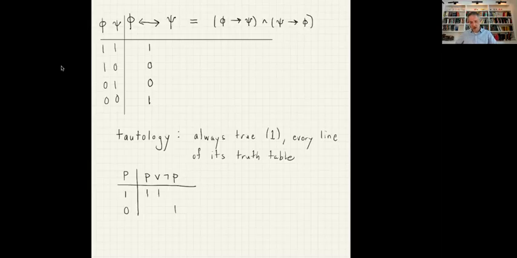In the second case, P is false, so not P is true. So the or is always true in this case. So if we write in, this is the main connective, the main column of the main connective, it's always true. And here's the important fact.